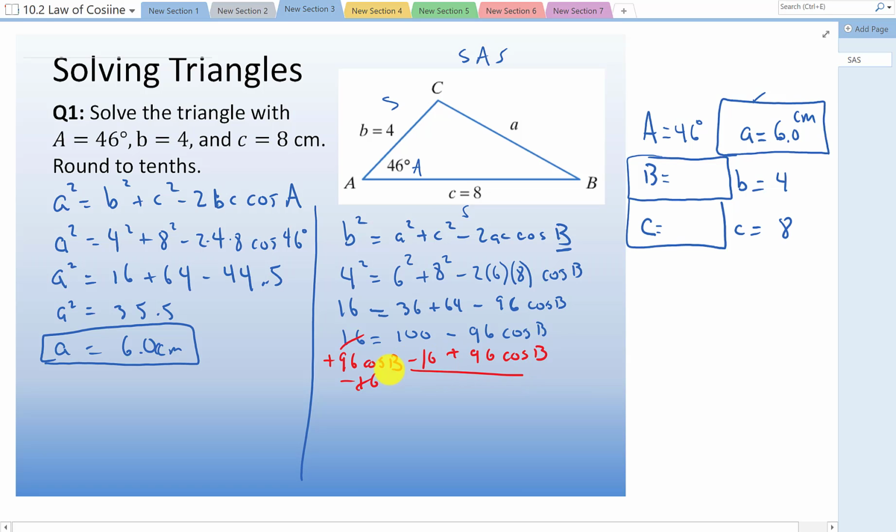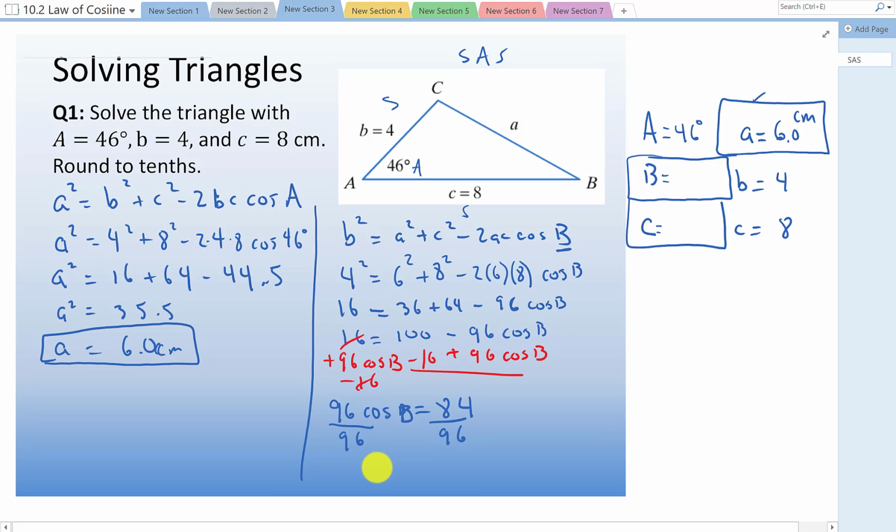That's a little sloppy, sorry about that. But that's going to give me 96 cosine B equals 100 minus 16, which is 84. Now I'm going to divide by 96 on both sides.